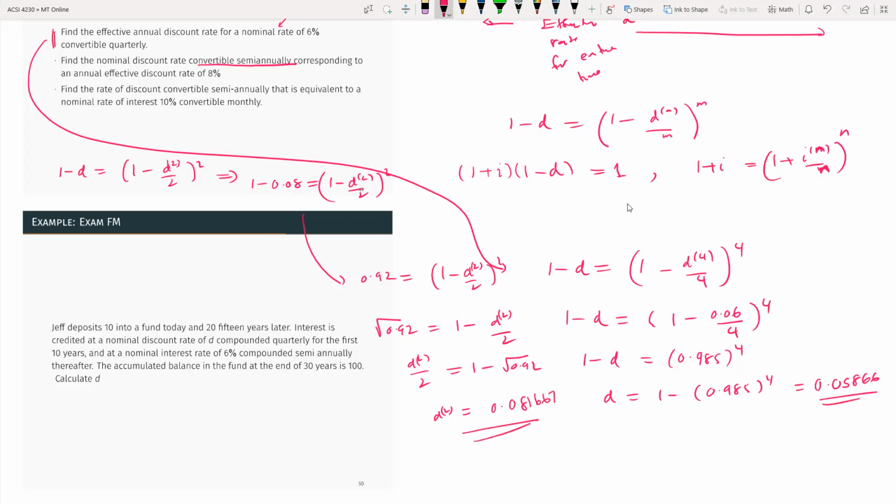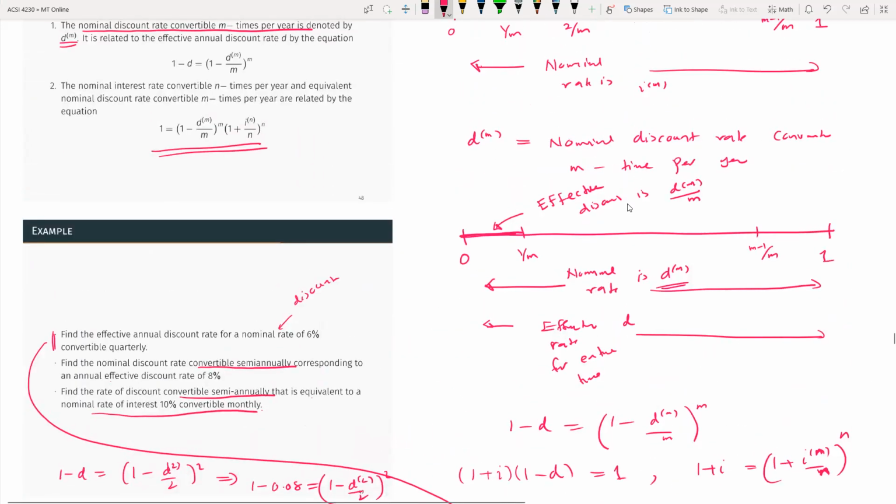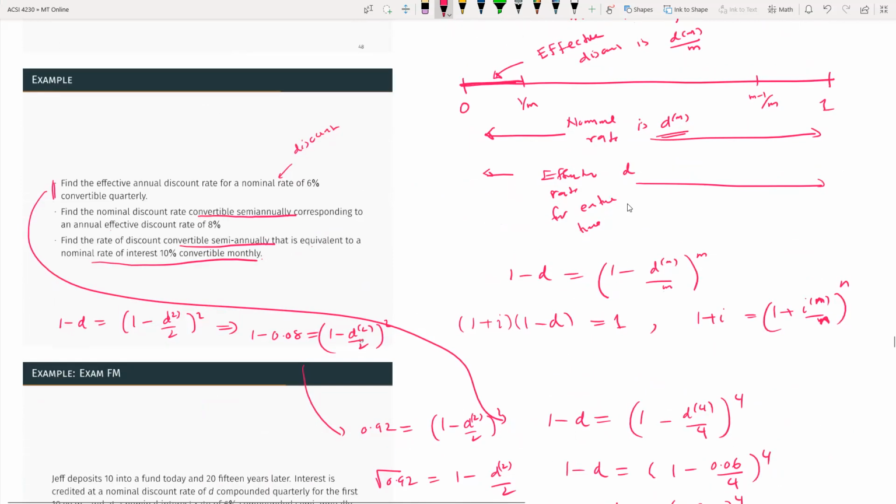Next one asking: find the rate of discount convertible semi-annually that is equivalent to a nominal rate of discount of 10% convertible monthly. So we are going to use this last equation for that. I will write the formula, then you can apply. Convertible semi-annual, so that means D^(2).